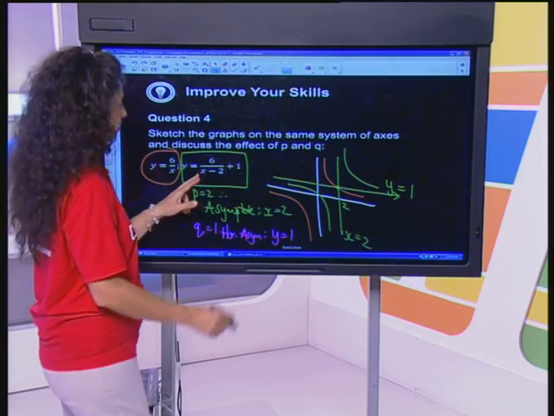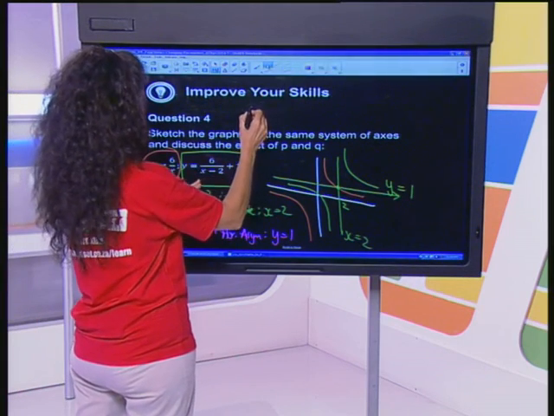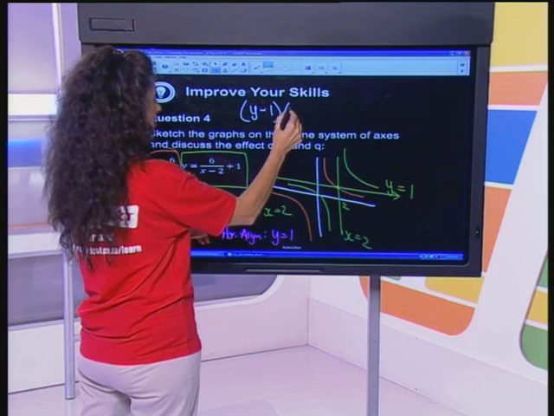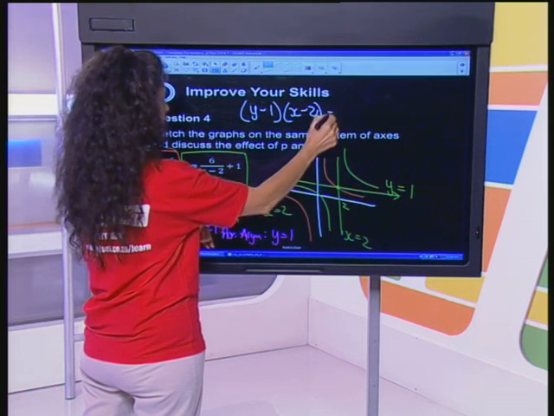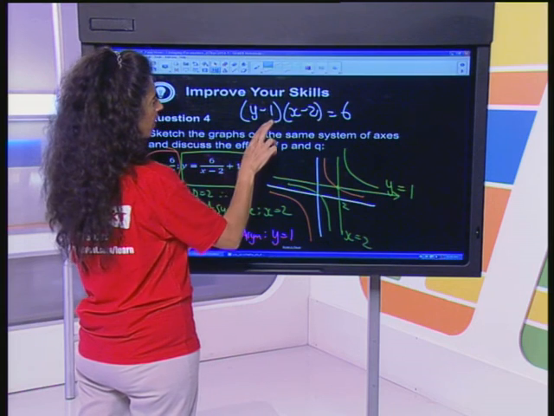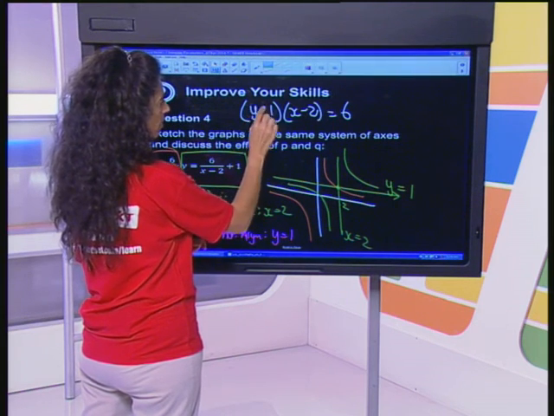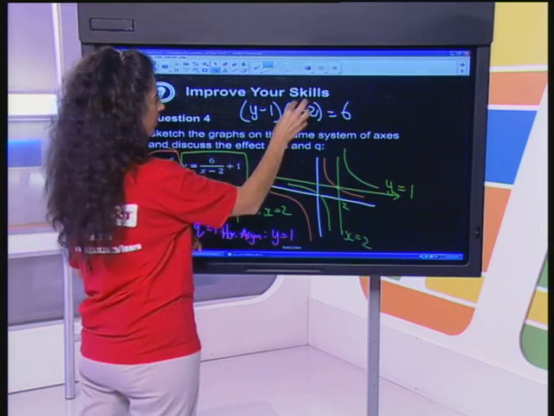If I had to rewrite this equation in this form, y minus 1, taking this over, multiplied by x minus 2 is equal to 6. Algebraically, we're saying that 1 minus 1 is 0, and if this factor was 0, then 0 times what would give me 6, and we would not find a factor over here.